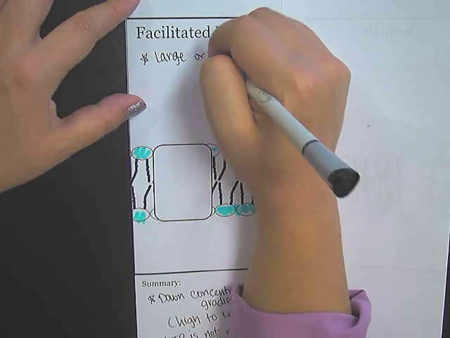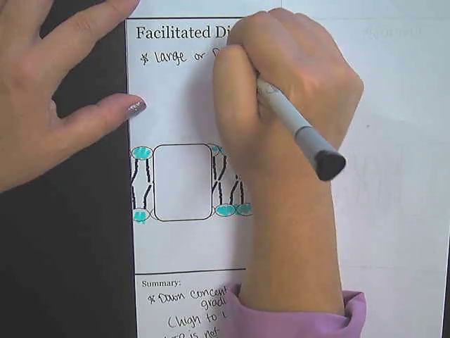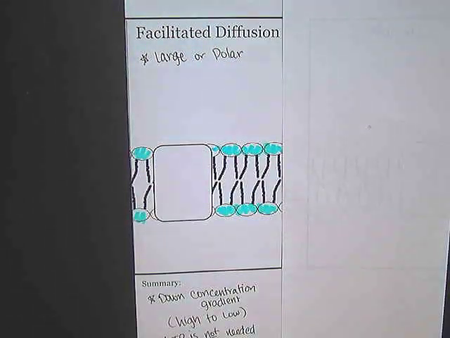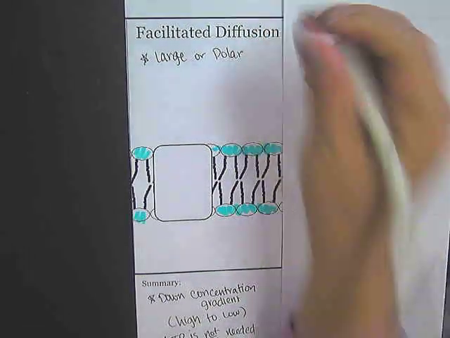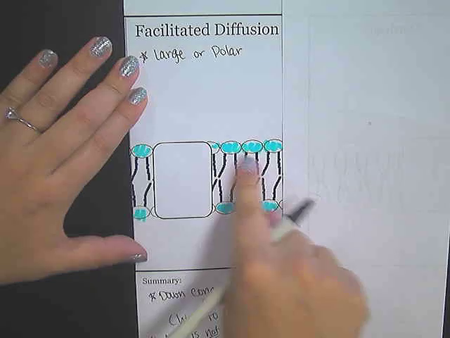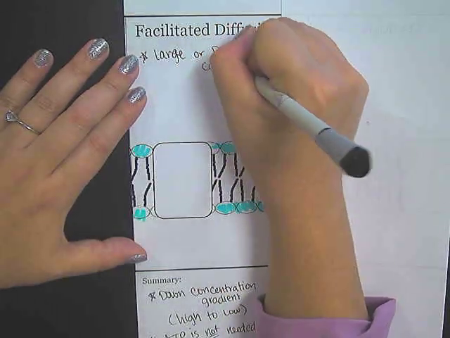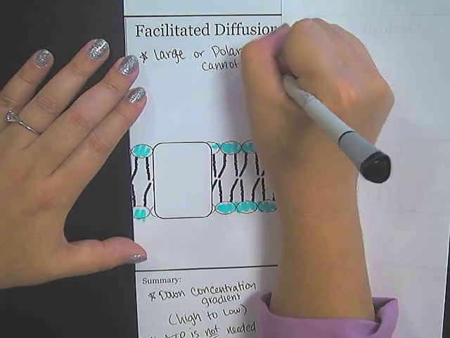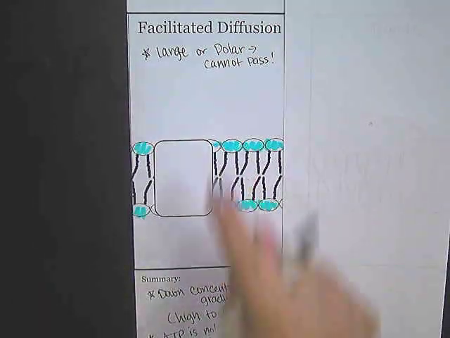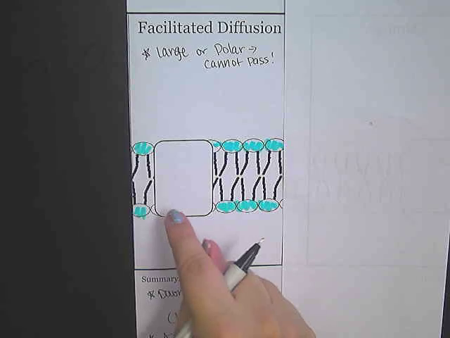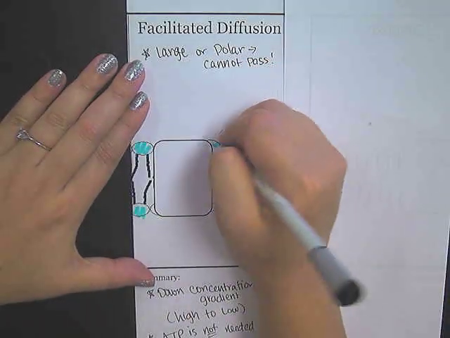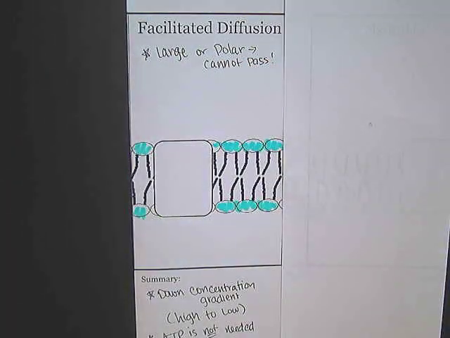So large and in charge, in other words, that they're polar, are not going to be able to cross the membrane. Because they're large or they're polar, those hydrophobic tails would prevent them. So that's why we need a channel. That's why it's facilitated.